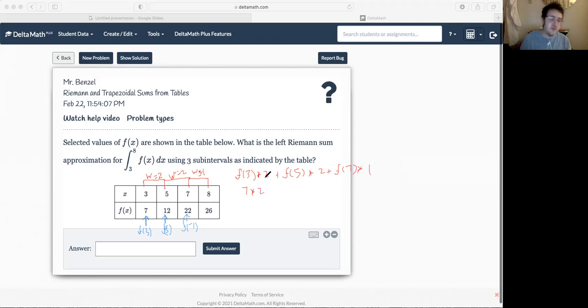Now, if you're at the point where you're reading these tables pretty well, you can actually just reason and say, okay, my leftmost number is 3 for my x. Its y value is 7. So 7 is going to give me the height of a rectangle and the width is 2. If you're down to this step almost mentally, you can do that and get away with it.